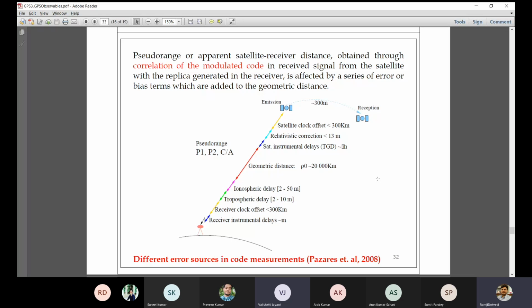So when I say receiver clock error, tropospheric delay, ionospheric delay, satellite instrument delay, they are all part of your pseudo range, that is P. Ideally, it should be rho, but rho is always added up with all these errors, which we call the error sources or the delay sources.